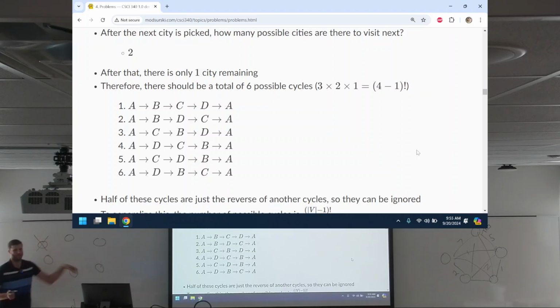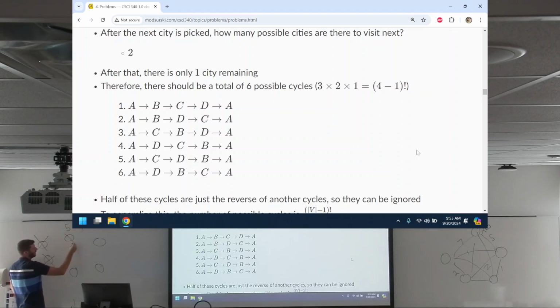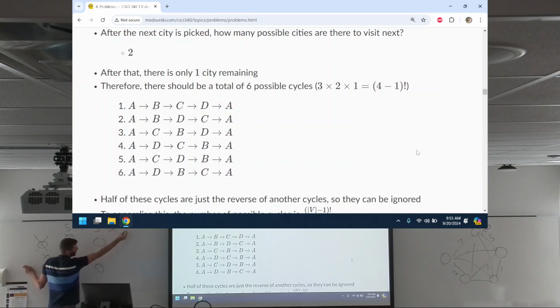Which one I pick doesn't really matter, but I have 5 options. After I pick this one, how many options do I have left? So I have 5 times 4. How many do I have left? Then obviously 3, then 2, and then 1, but that's useless, multiplying by 1.